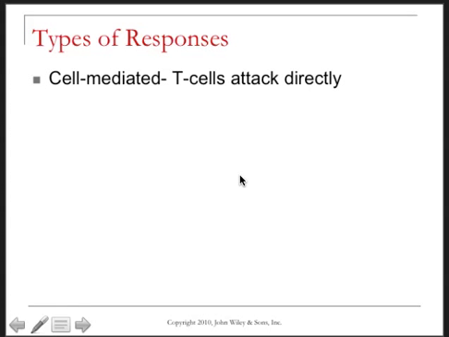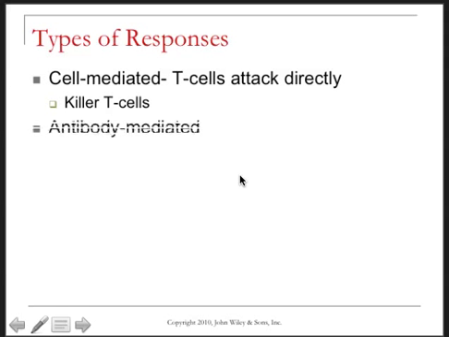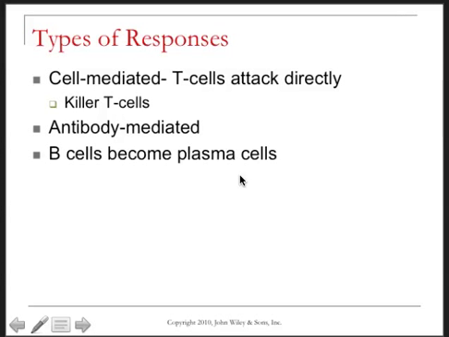In cell-mediated immunity, the T cells directly attack the infected tissue. They show up at the site of the infection and destroy the tissue directly. This is done by killer T cells. In antibody-mediated responses, the B cells have been alerted to the presence of an unusual antigen in the body, and they differentiate into plasma cells, which are basically antibody factories.